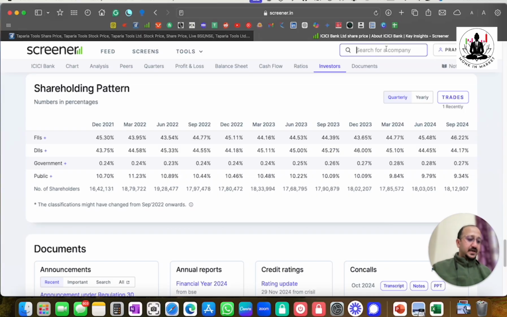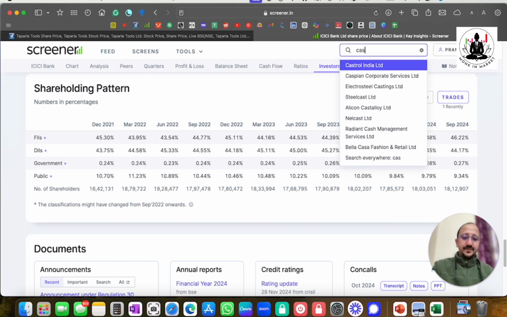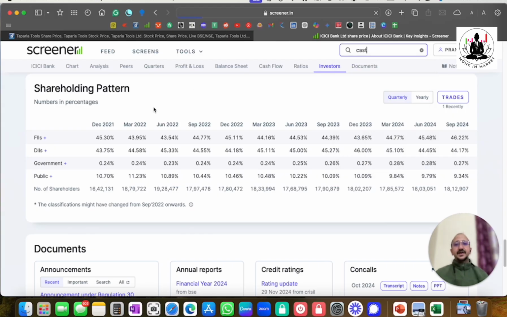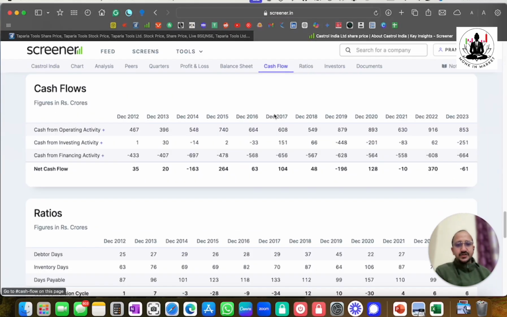Now coming back to cash flows again. You have to combine cash flow, and you just have to have a glance at the management part of the company as well. Now, Castrol. Castrol is also doing good as such. Castrol India. Cash flow statement. So over here you can see the operating cash flows are positive throughout.